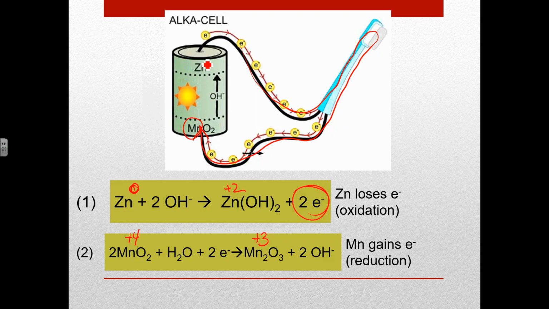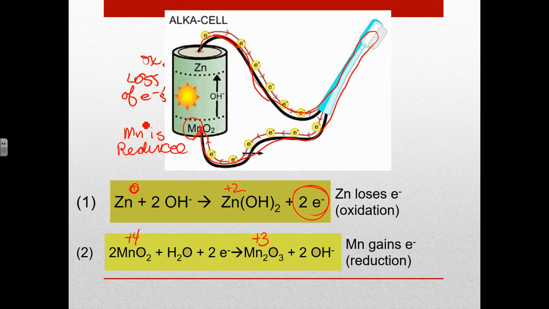So again, the electrons go from the zinc where it's being oxidized, a loss of electrons. So this is oxidized, and we have a loss of electrons. And then the electrons go through the toothbrush, do some work, and when they get to the Mn, it is reduced.